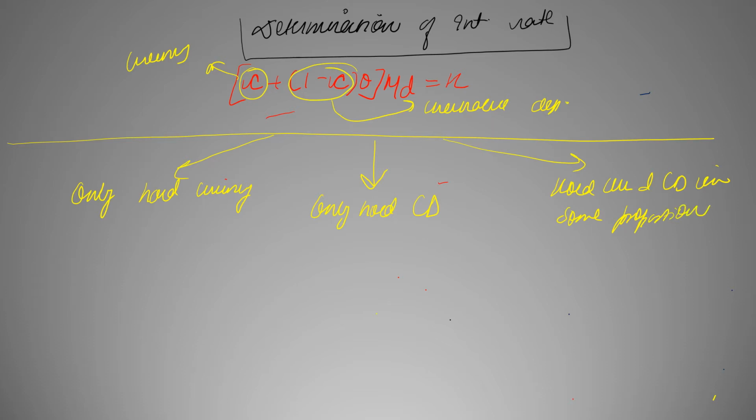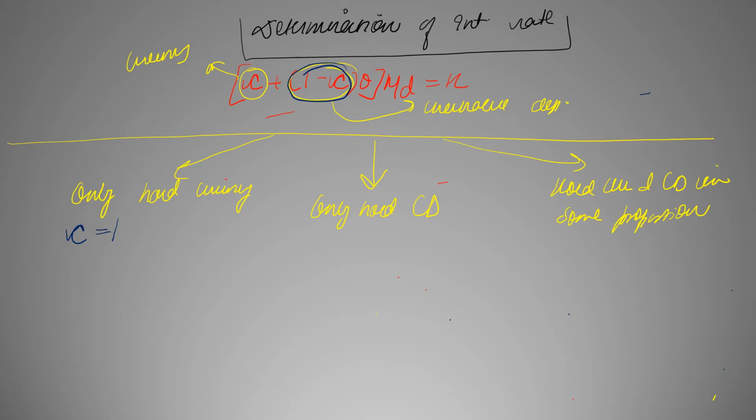Okay, starting with the first case, when we only hold currency, we need to make sure that the checkable deposit is 0. So to make 1 minus C zero, you need to put C is equal to 1, right?